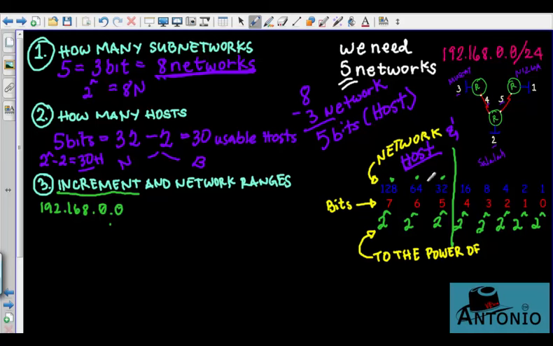And how do you know where your increment is? This is your increment, the last bit. So we have 32, and then it will increment by 32, and you just add 32. 32 plus 32 is 64. 64 plus 32 is 96, and 96 plus 32 is 128, and again 32.